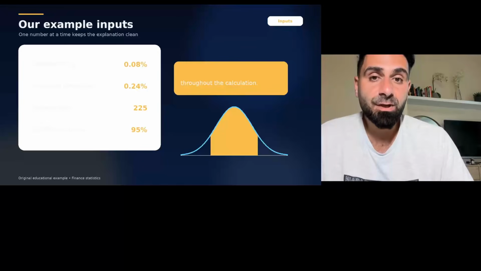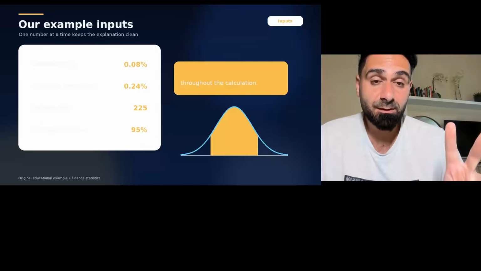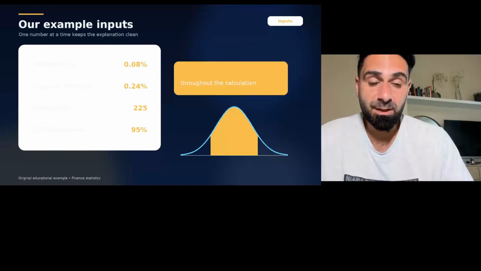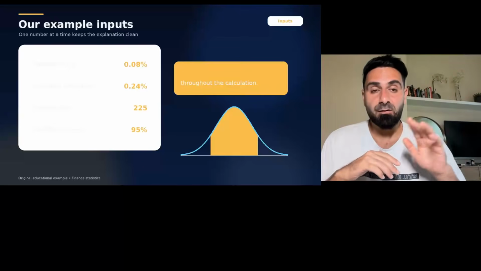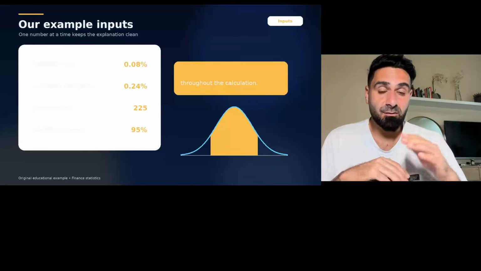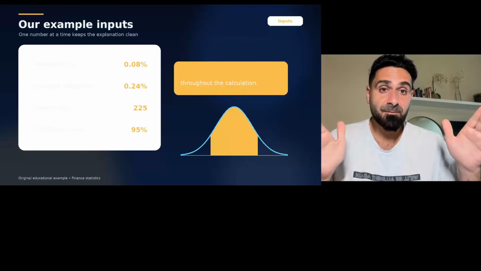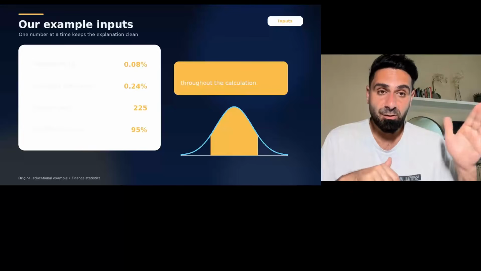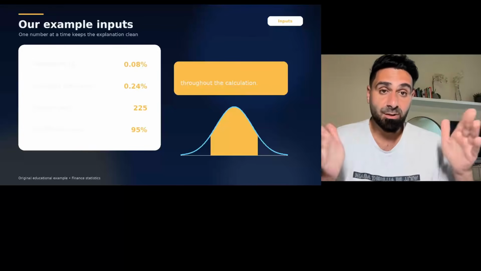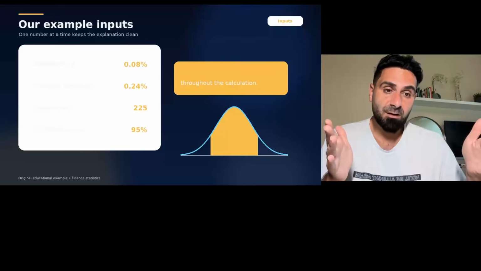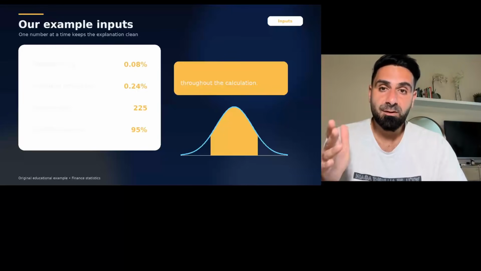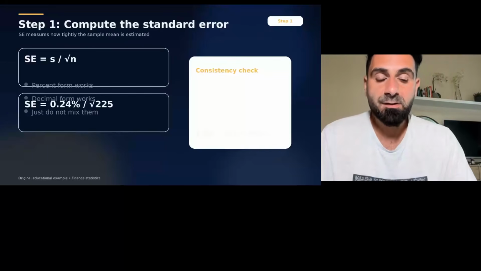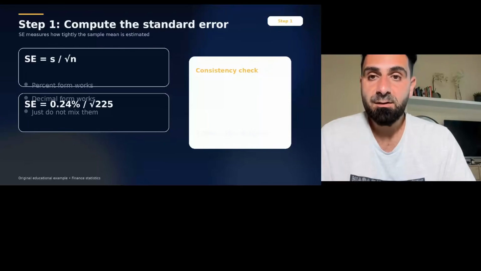And this is a two-tailed distribution, meaning that the confidence level is 95, so the rest is 5%. This is the significance level, so you need to distribute it in two tails, 2.5 here and 2.5 here.